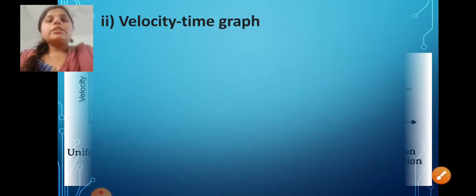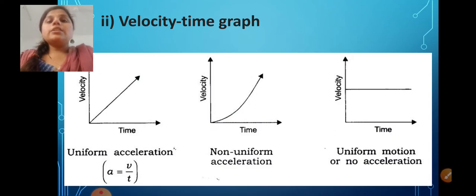Now it is in the form of acceleration. Last time we did speed and time, or sorry, distance and time. Now we are comparing velocity versus time, in the form of acceleration. What is acceleration? The rate of change of velocity is called acceleration.